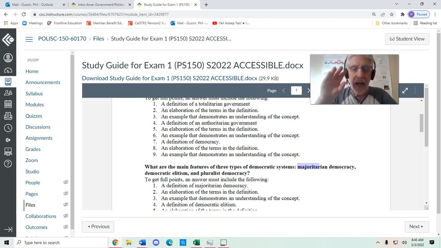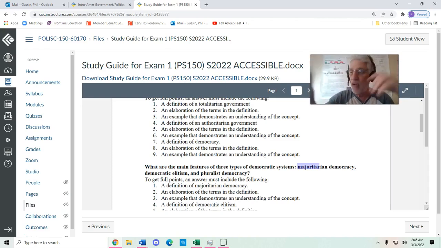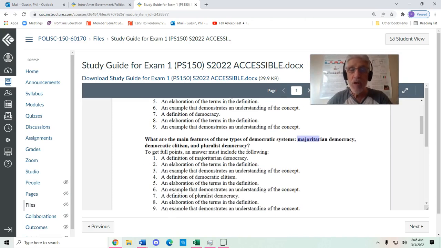So part of the reason that I do the exam the way I do, it's my belief that if you stop and take the time to write out a really thoughtful answer, and you make sure you understand it, and you write out a coherent paragraph, two things are going to happen. One, if Canvas randomly selects a question and you've already written out a great answer, all you need to do when the exam comes around, let's say you wrote out a great definition to the majoritarian democracy, democratic elitism, pluralist democracy question.